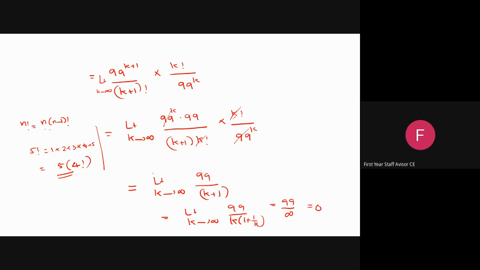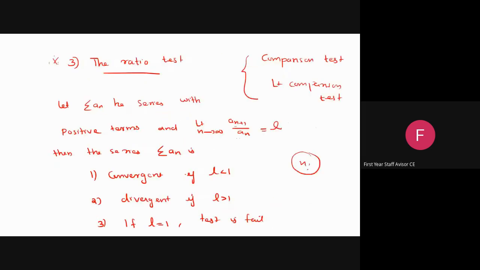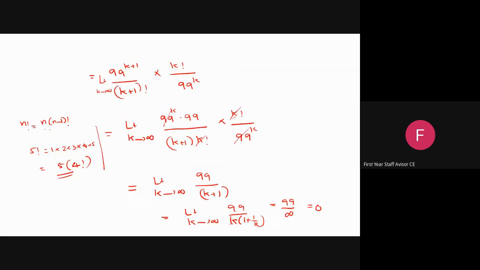Limit a(k plus 1) by a(k), by the theorem, we get 0. That means L is less than 1, 0 less than 1. What will happen?